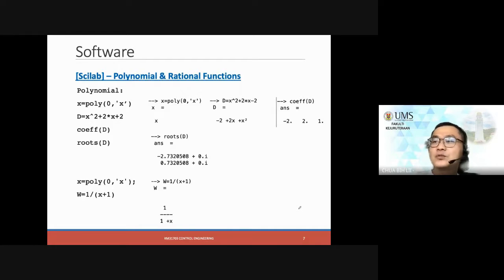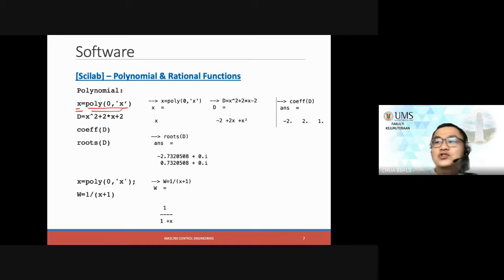Next would be polynomials. What I have shown you previously is when there is a number, you solve using a number. But sometimes, just like us, we deal with x, y, where it is a polynomial without any numbers. So what we can do is define it like this. We tell it that x is a kind of polynomial.